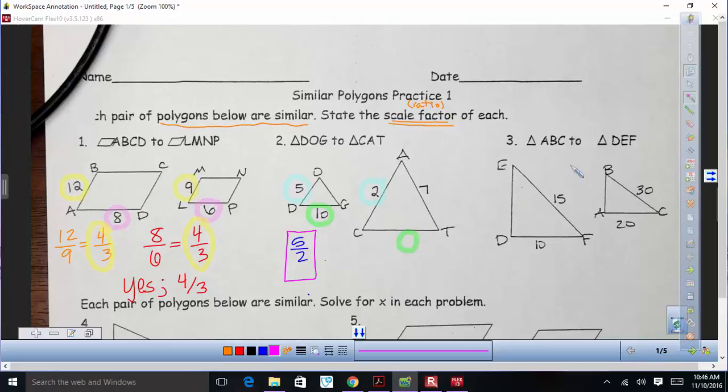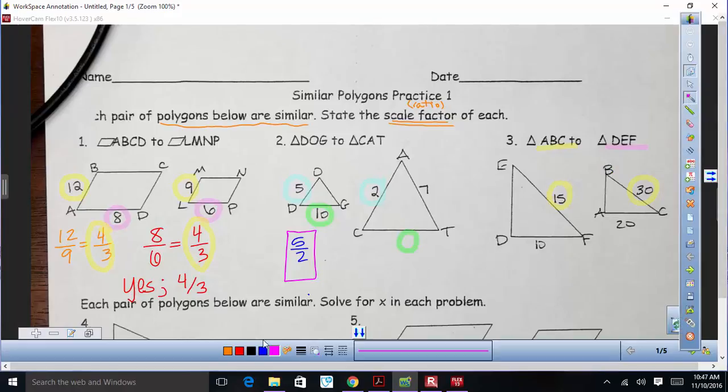Okay, and then let's do number 3 as well. So number 3, it asks us to compare ABCD to DEF. Now, which triangle is ABCD? My left or my right one? My right. So I'm starting with my right and going to my left this time. So we have that BC corresponds with what side? EF.